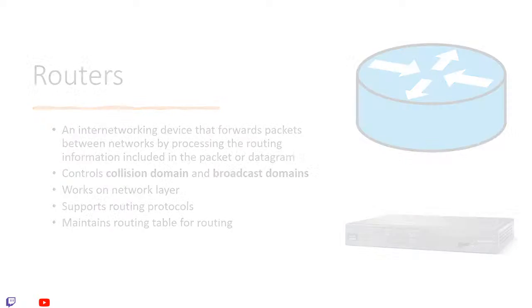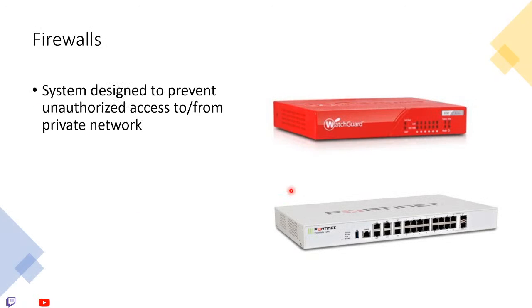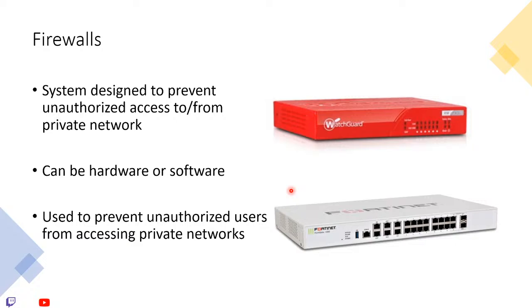So next up is firewalls. A system designed to prevent unauthorized access to or from the private network. It can be hardware or software used to prevent unauthorized users from accessing private networks.